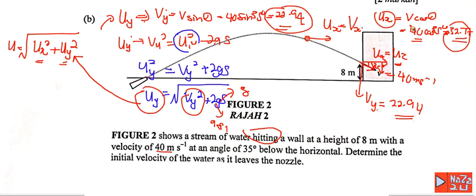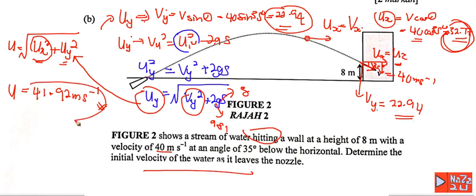So you can find the value of u is 41.92 meter per second. This means the initial velocity of the water as it leaves the nozzle.